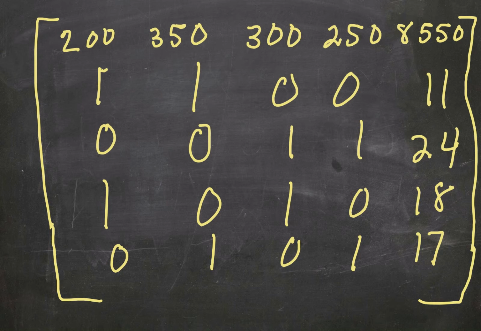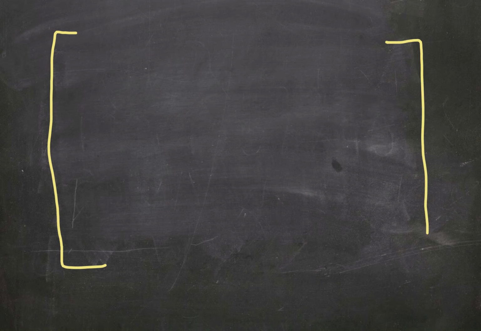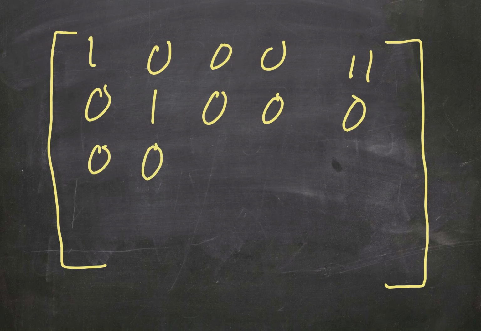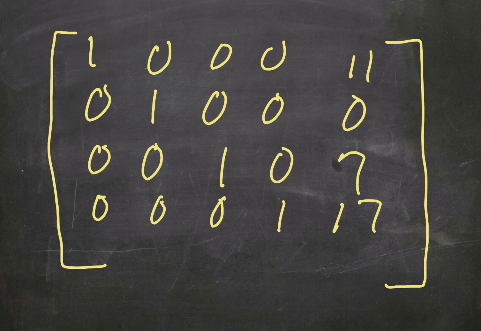Now when you plug your matrix into your calculator and solve, you're going to get your answers. The reduced row echelon form of this matrix ends up being 1, 0, 0, 0, 11, 0, 1, 0, 0, 0, 0, 0, 1, 0, 7, 0, 0, 0, 1, 17, and zeros all across the bottom.